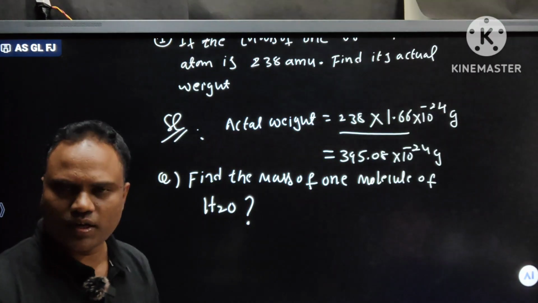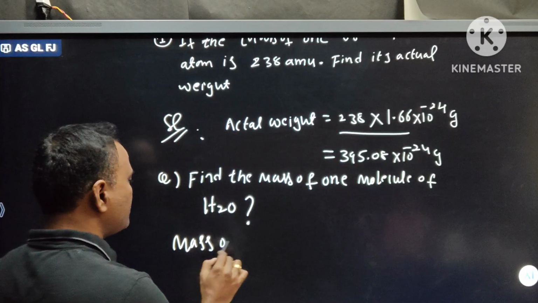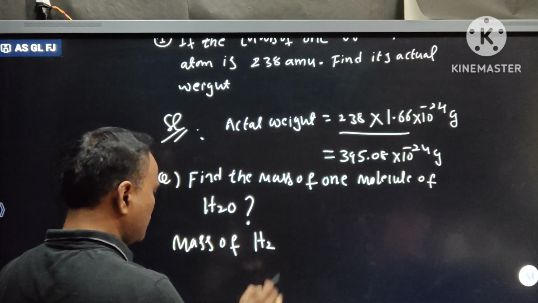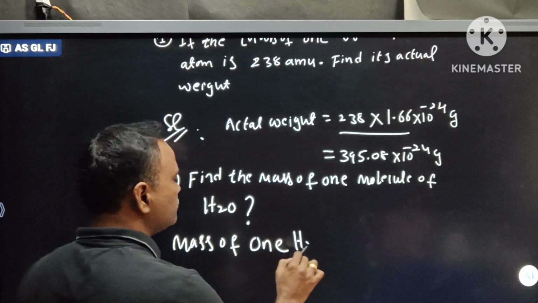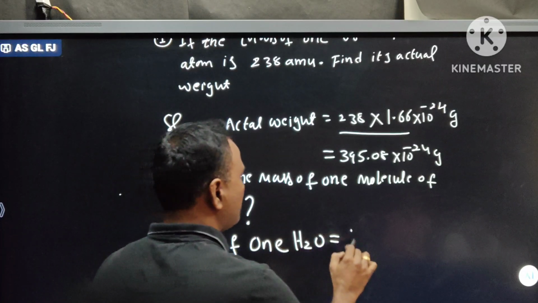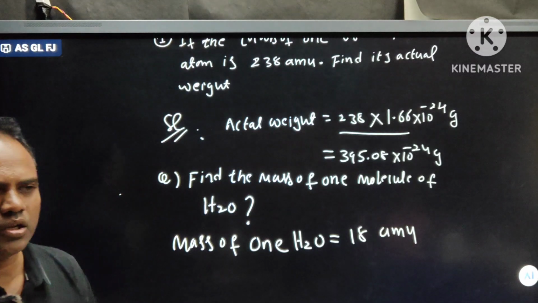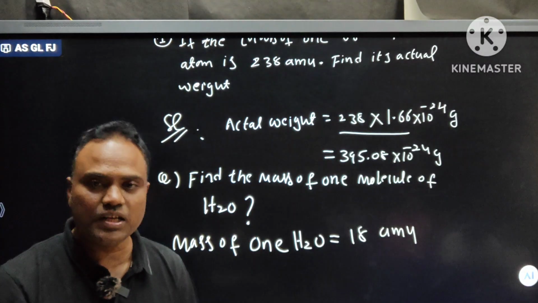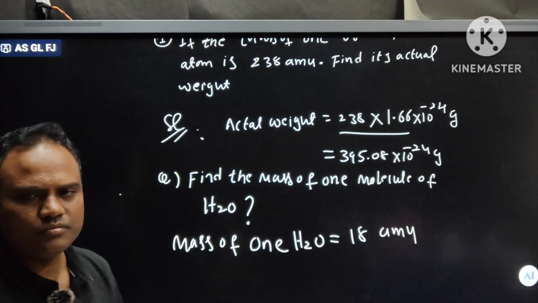One molecule, one atom means always ends with AMU. Mass of one H2O is equal to 18 AMU. Very, very important. One single molecule or one single atom mass is expressed in AMU.